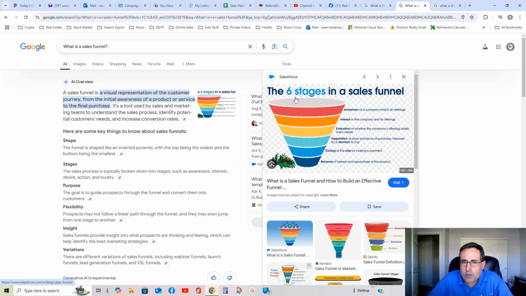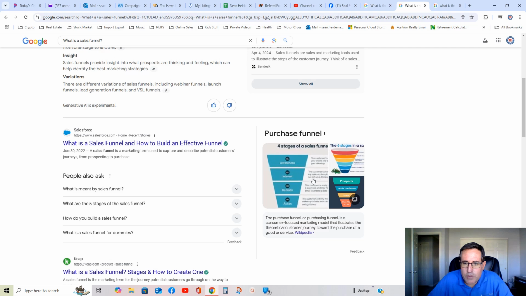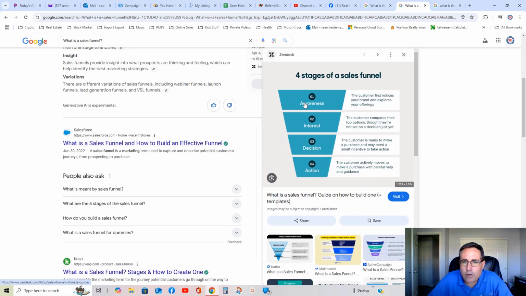So here's a picture of the sales funnel here. It shows you the 6 stages of the funnel: awareness, interest, evaluation, negotiation, closing of the sale, and then renewal of interest and repeat purchase. So we have some other ones down here. Let's take a look at what they say. This is a 4-stage funnel: awareness. The customer first notices your brand or explores your offering. Interest: the customer compares their top options, though they're not set on the decision yet.